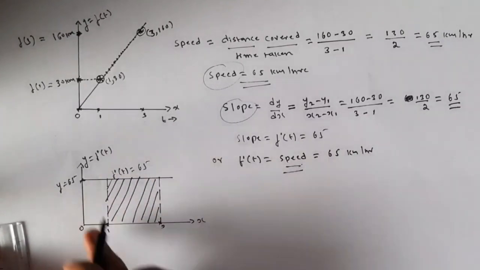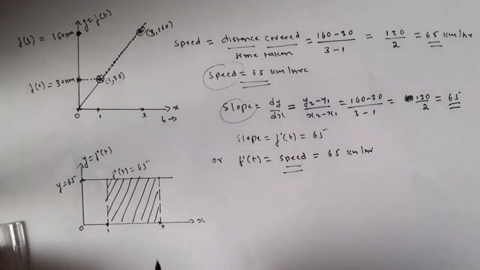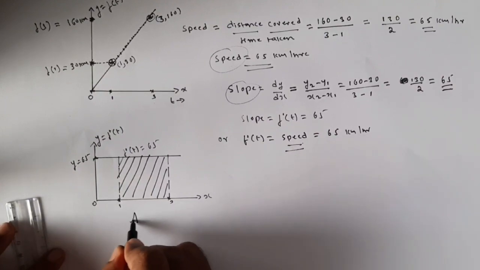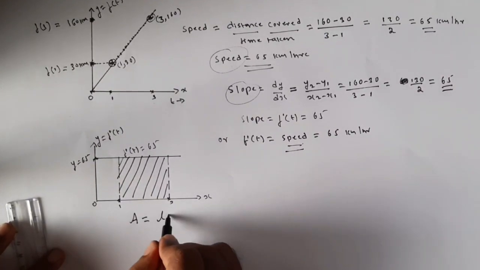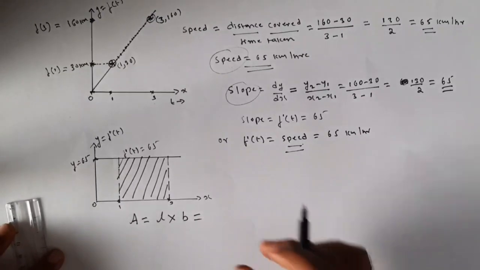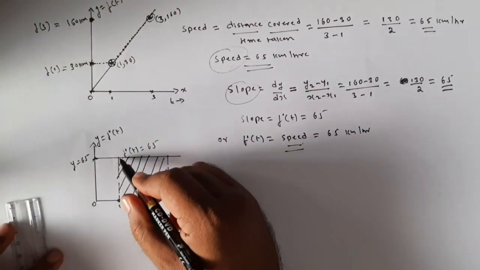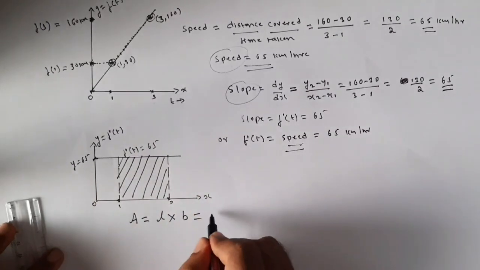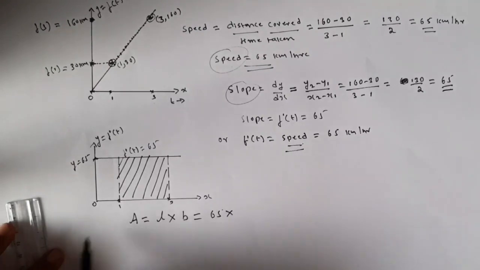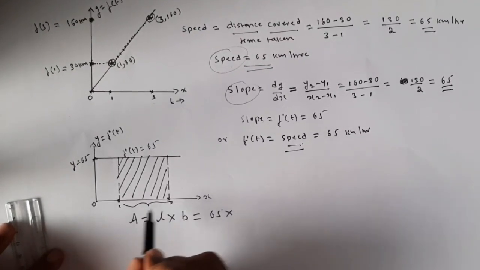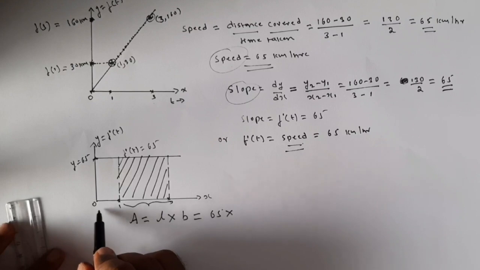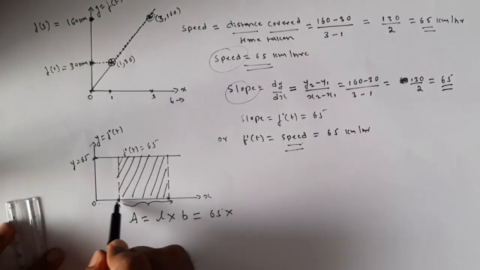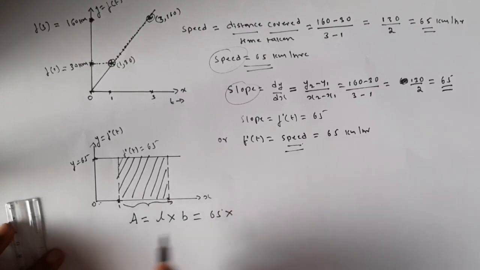This area is in the form of a rectangle. To find the area of a rectangle, we have a formula. Area is equal to length into breadth. Here the length is this. To get this length, you see the y axis, here to here the length is 65. So length is 65 into breadth. This breadth we have to find. Total time is 0 to 3. 3 minus 1, if you subtract this you will get the breadth, which is 2.